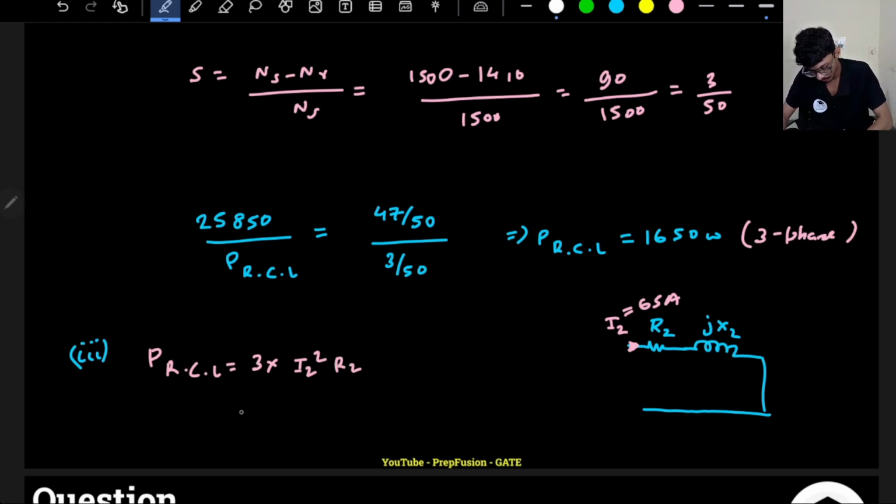So from here I know I2 square, I know 3, I know rotor copper loss. I can simply find out R2, right? I2 whole square is 65 whole square.